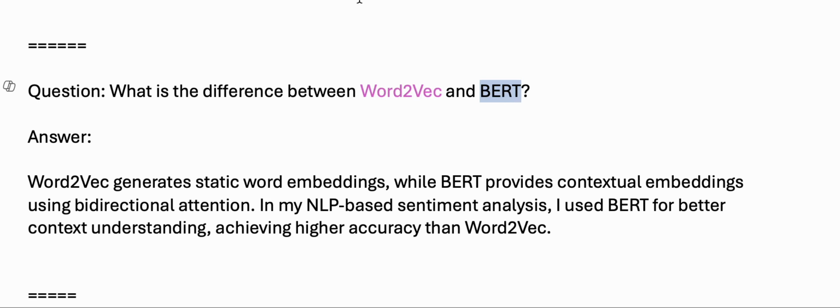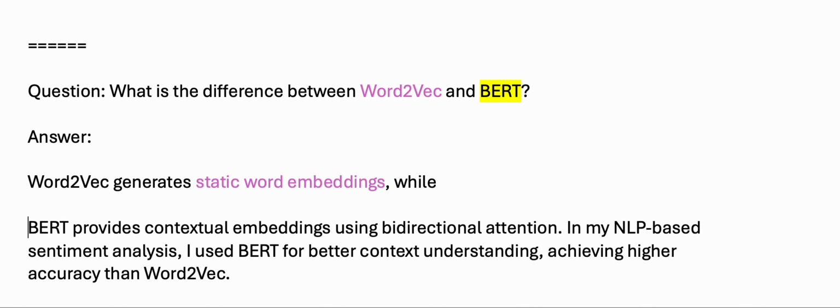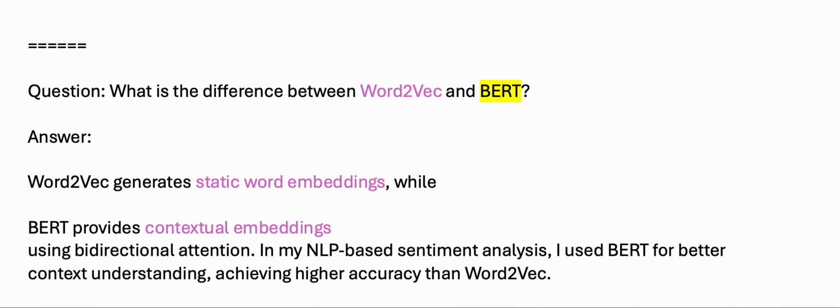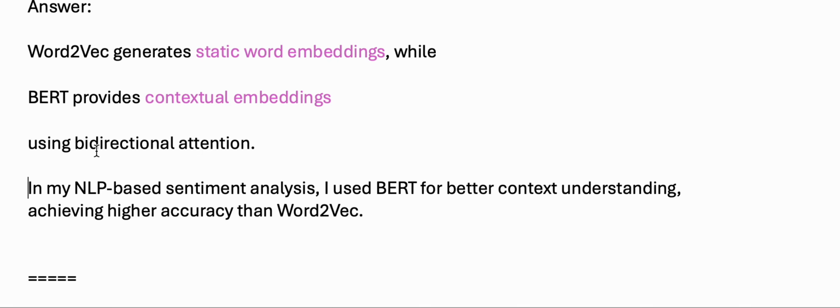Basically, Word2Vec generates static word embeddings, while BERT provides contextual embeddings using bidirectional attention. So there was self attention, and this is bidirectional attention.